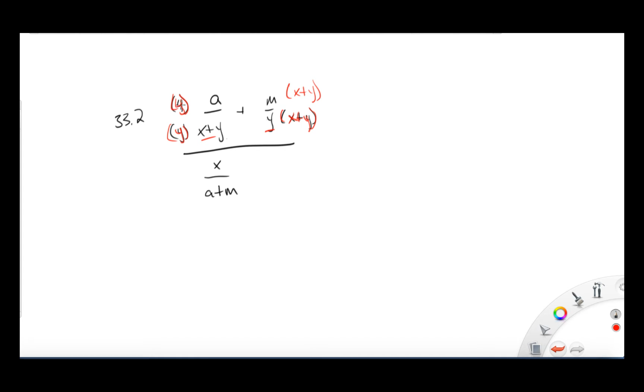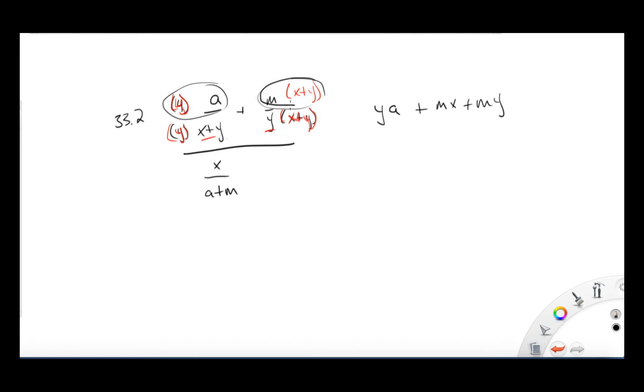So when we multiply y plus a, we multiply these two terms. We get ya plus, now we're going to multiply these two terms. So it's distributing. m times x is mx, m times y is plus my.